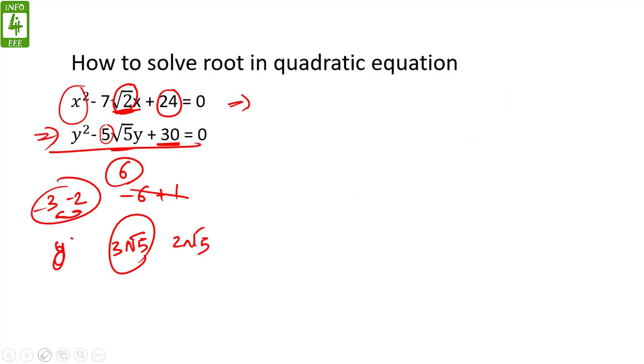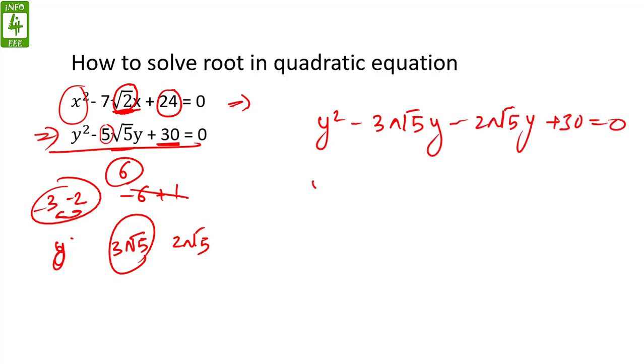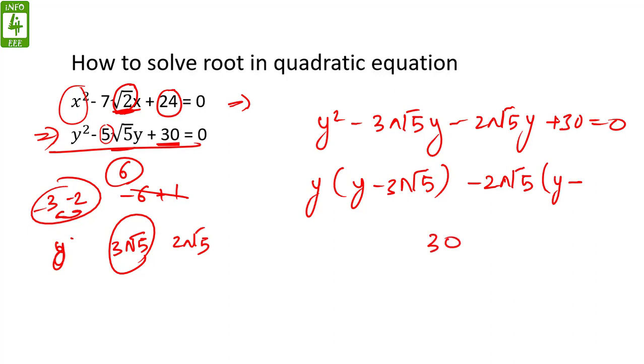So what you can do is, you got the value as y square minus 3 root 5y minus 2 root 5y plus 30 equal to 0. If you take y common, this is y minus 3 root 5. And if you take, let's say, 2 root 5 common here, you will get y minus, now you will divide this 30 by 2 root 5.